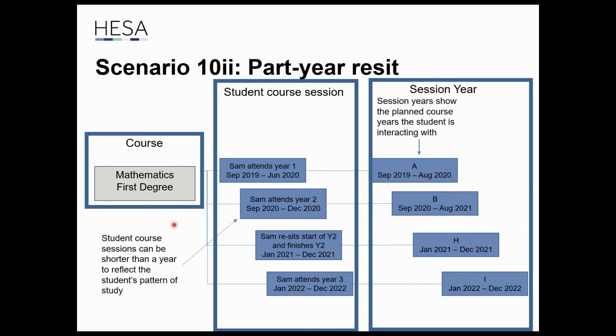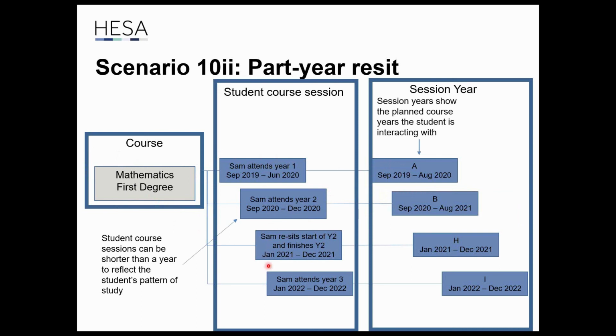So in terms of drawing that out, she's got the first year, she attends that as normal, and so she's attached to session year A again. She starts in year 2, so she's attached to the same session year B as a full-time student would be, but she actually stops in December because that's the point when she realises that she's failed her exams and needs to resit the beginning of year 2.